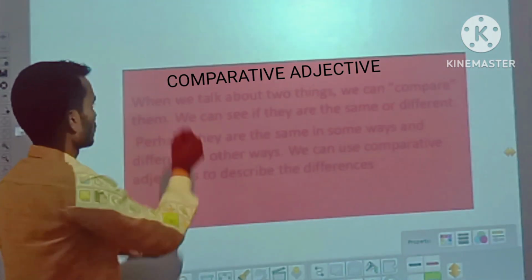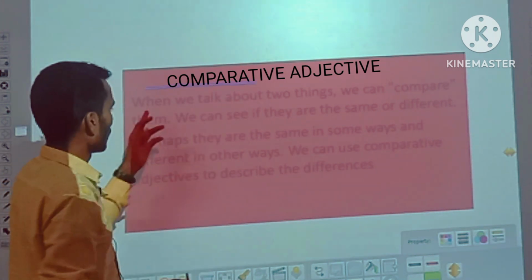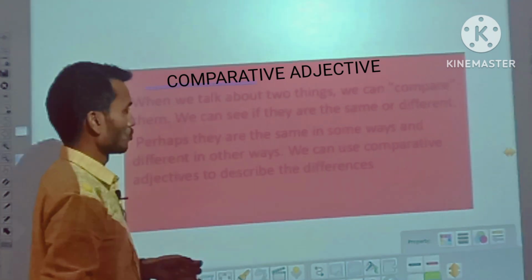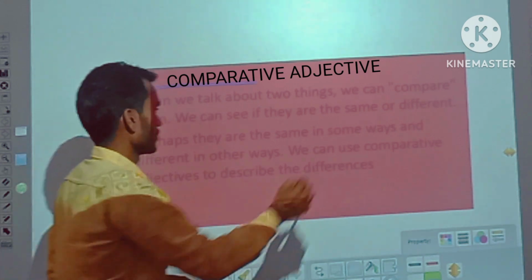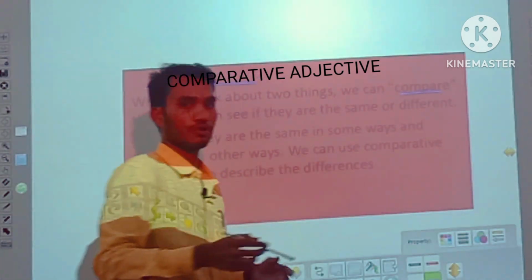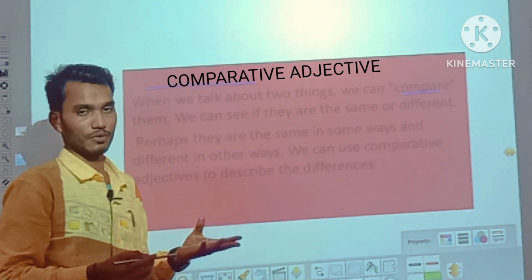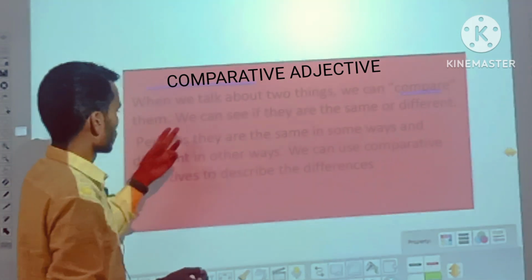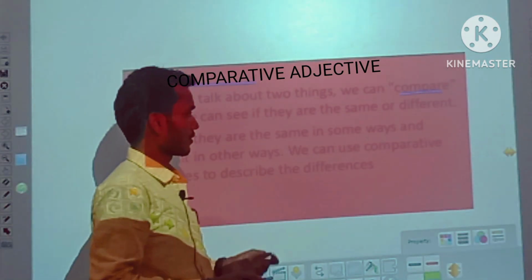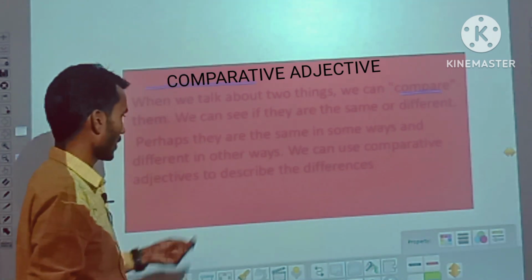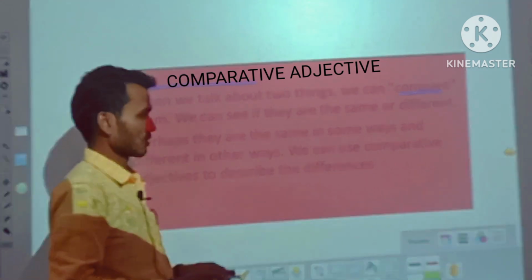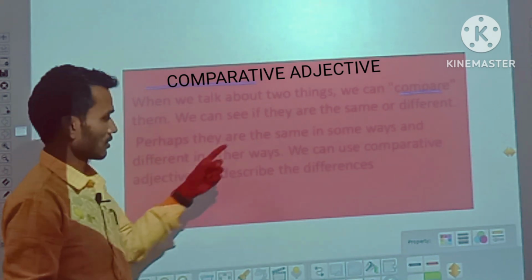So in comparative degree, when we talk about two things, we can compare them. When we talk about two things or two persons, we should compare them. We can see if they are the same or different. Perhaps they are the same in some ways and different in other ways.